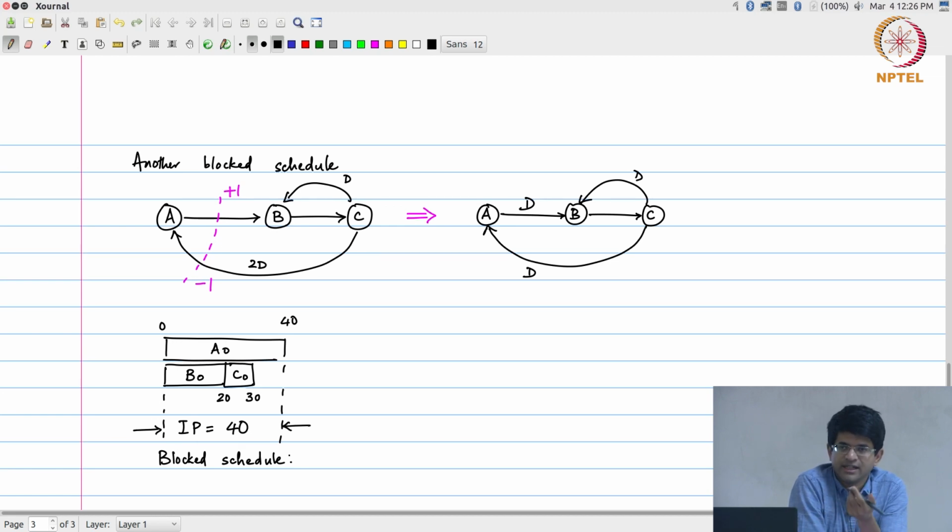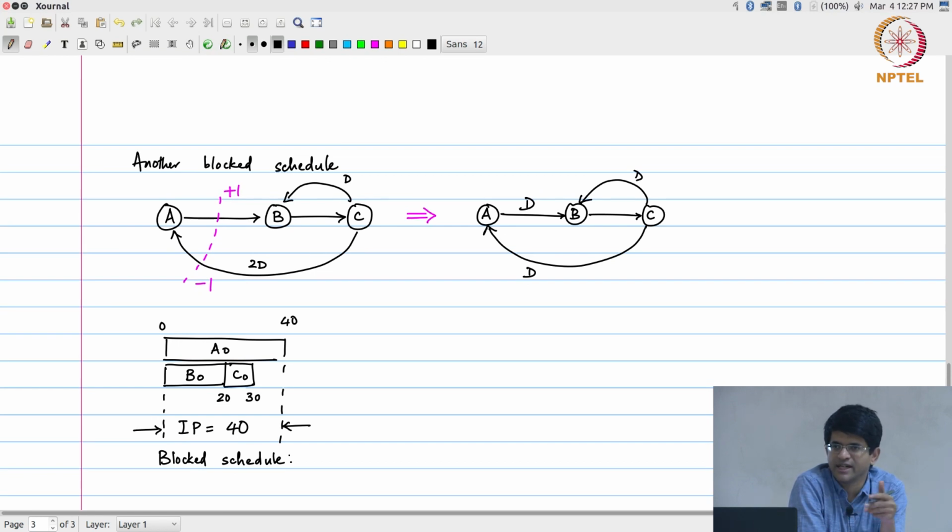What this is ultimately telling you is the data flow graph that you started with, if you just blindly took that and then tried to execute it in the fastest way possible, eventually yes, it falls into a pattern that, as long as you are willing to accept an overlapped schedule, will give you an average iteration period equal to the iteration period bound. Okay?